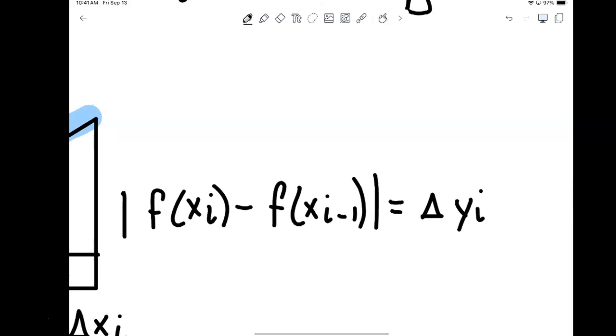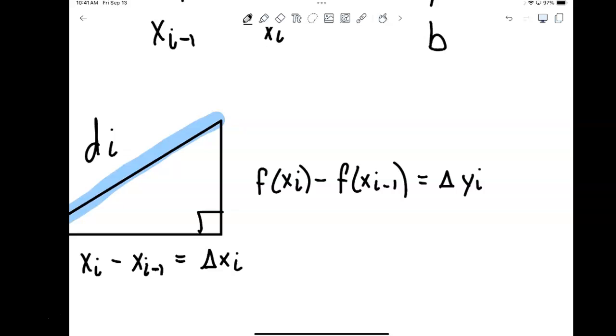Actually, it's not quite. This length is actually going to be the absolute value. Delta yi is actually just the difference, so I'm going to leave that off. Keep in mind, this length is actually positive, so I really should apply absolute value, but delta yi is just the difference, f of xi minus f of xi minus 1.